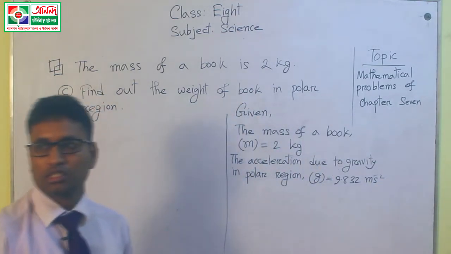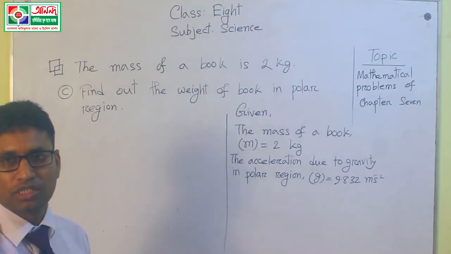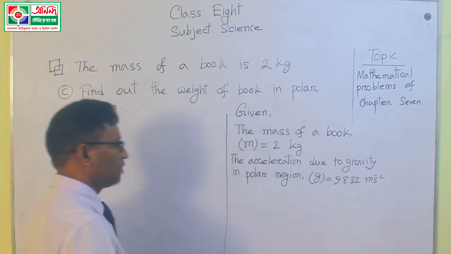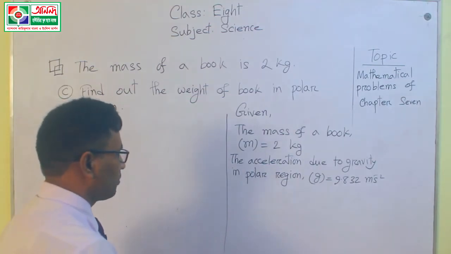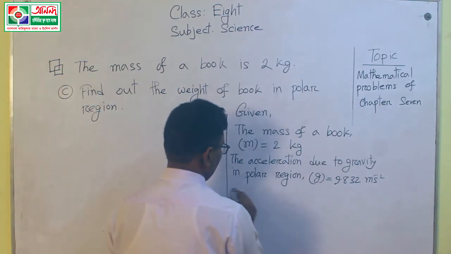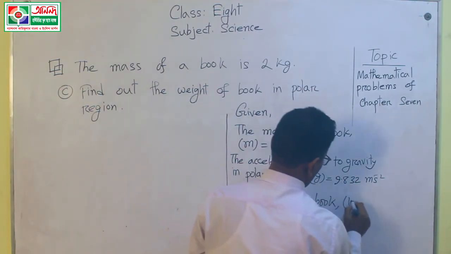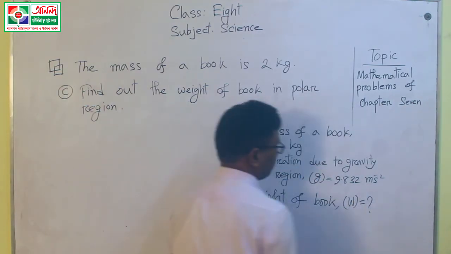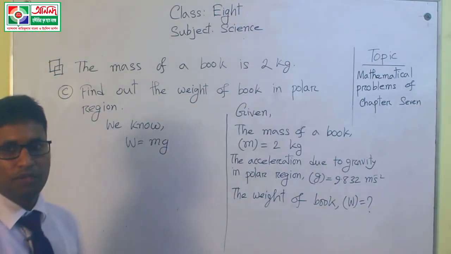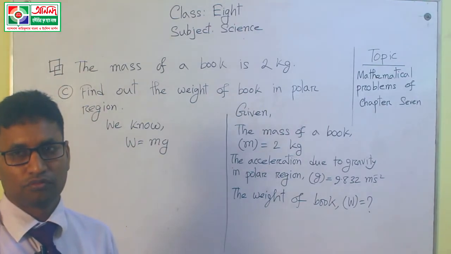We know this is the constant value of acceleration due to gravity. Now the weight of the book, W equal what? Again we know W equal m into small g.